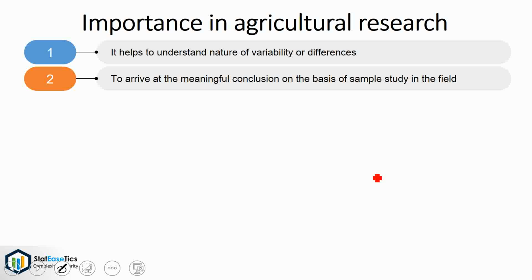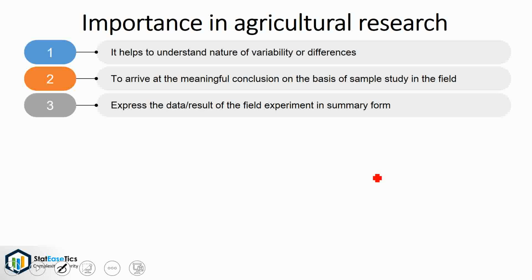For example, if we have conducted some trial or experiment, then we can use various statistical tools or analytical methods to draw meaningful conclusion, like comparing fertilizer doses in order to recommend a particular fertilizer dose. That is, to give a meaningful conclusion by recommending a particular dose out of the different doses under the experiment conducted.